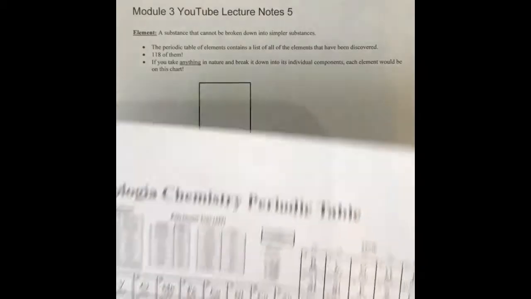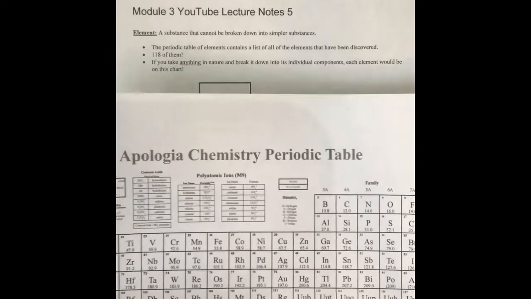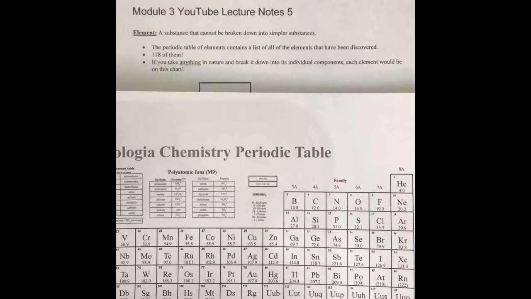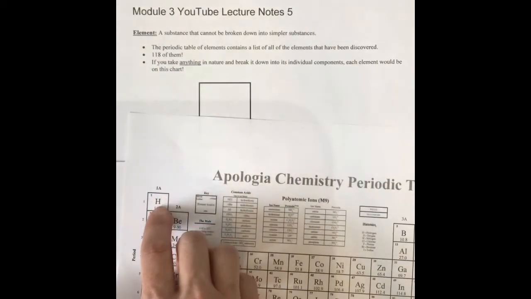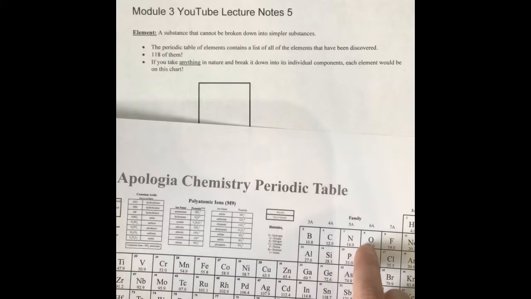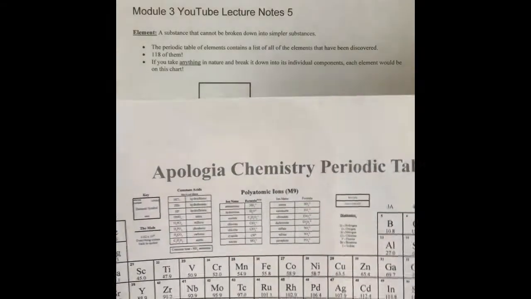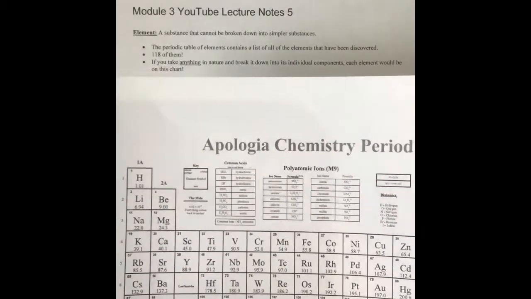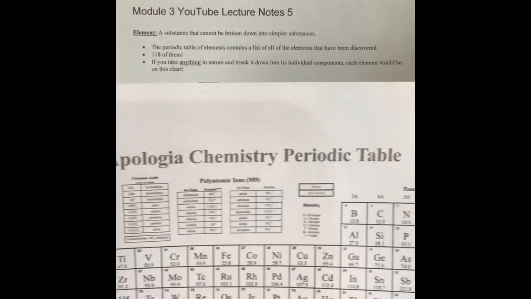What I think is really cool about the periodic table is that every single thing in nature can be broken down into one of these elements. Think about the air you're breathing into your lungs. It contains a lot of hydrogen. It has some nitrogen, definitely some oxygen in it. Maybe the table that you're sitting at, your desk or your kitchen table, can be broken down into its elements too.